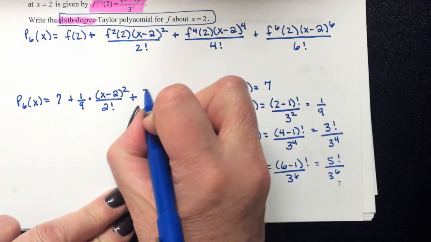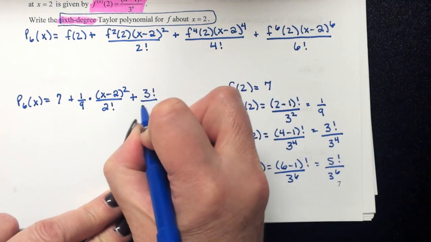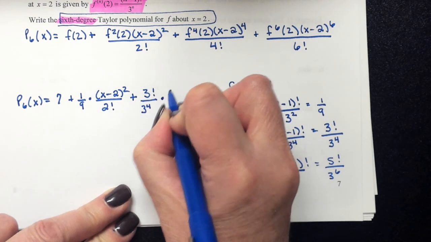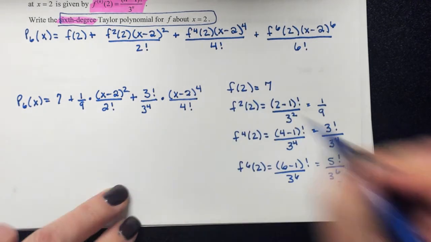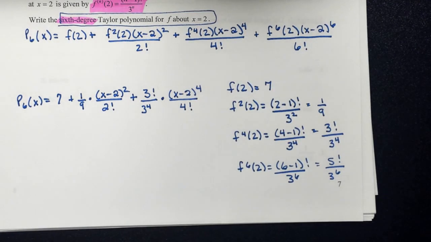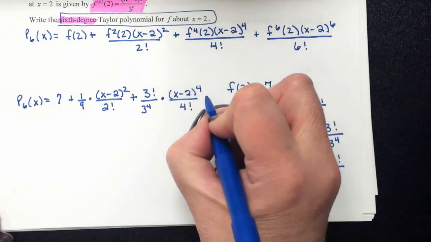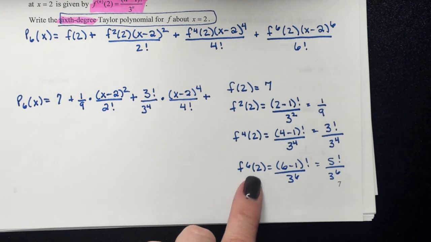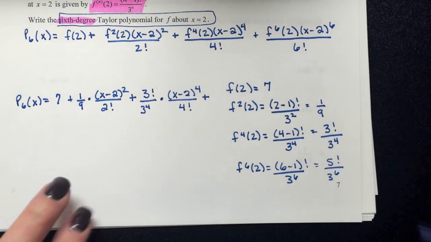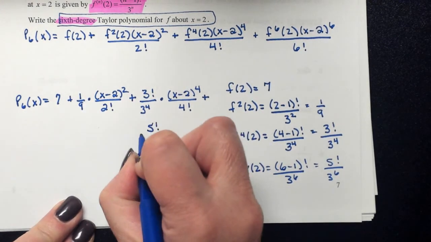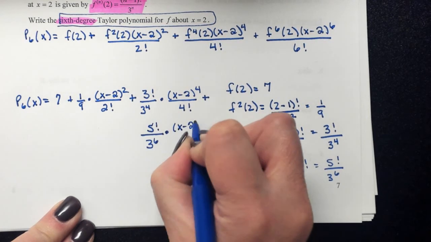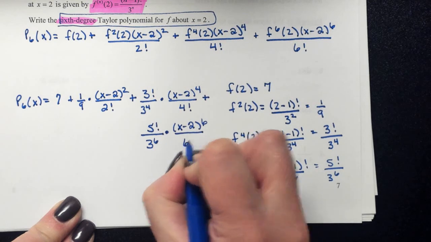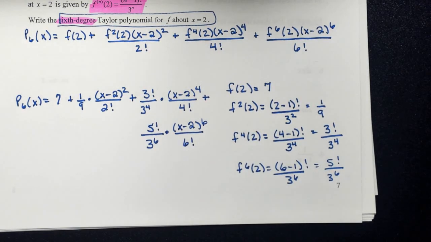So I can write this as 3 factorial over 3 to the fourth times (x minus 2) to the fourth over 4 factorial. Plus, the 6th derivative at 2 I know would be 5 factorial over 3 to the 6th times (x minus 2) to the 6th over 6 factorial.